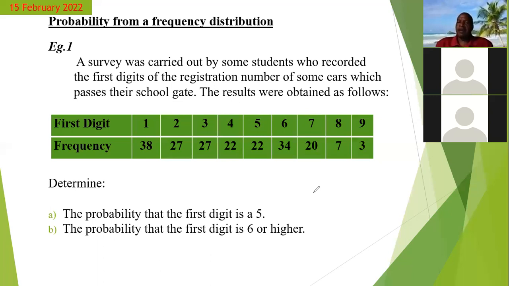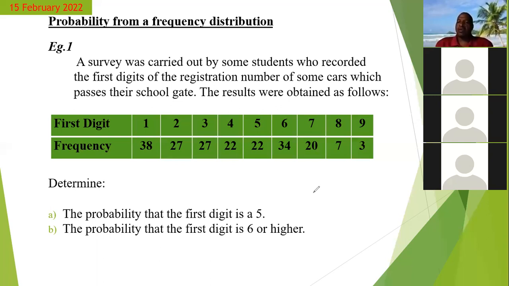How many first digits are 1? 38. So we have 38 first digits that are 1. How many first digits are 2? 27. Right. How many first digits are 5? 22. All right.